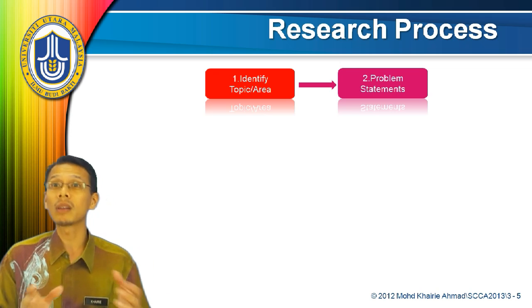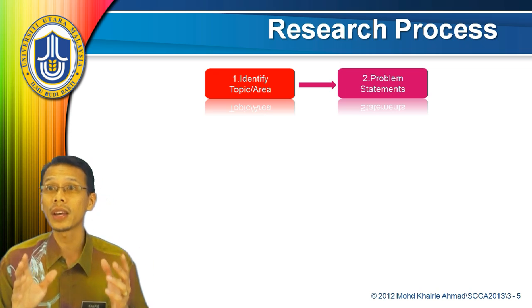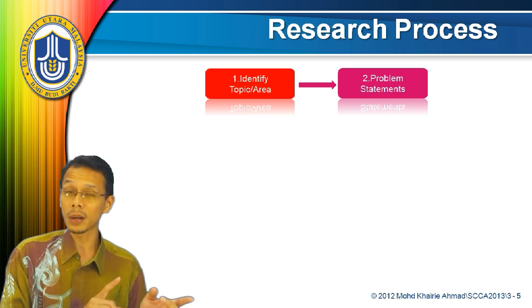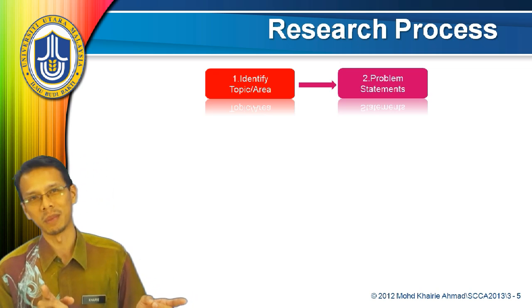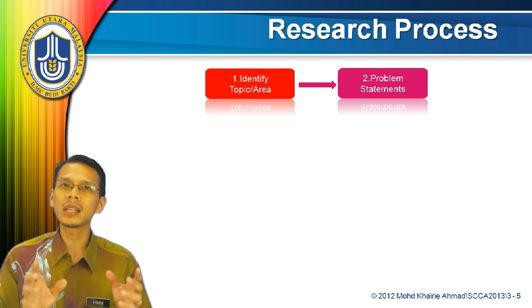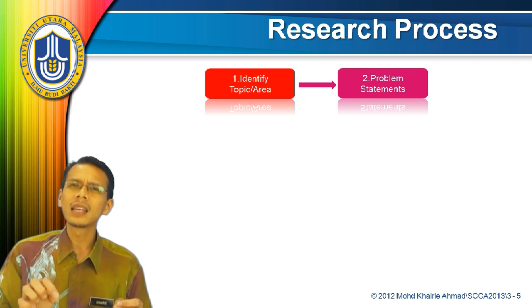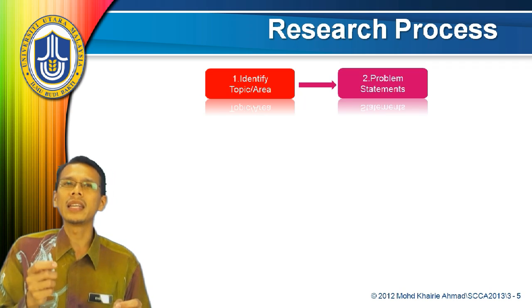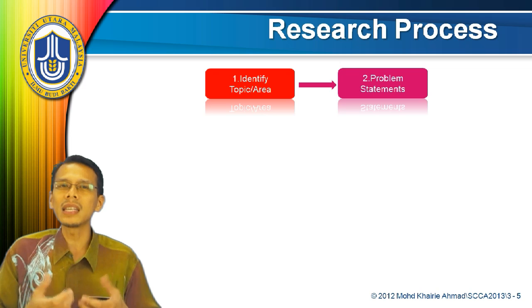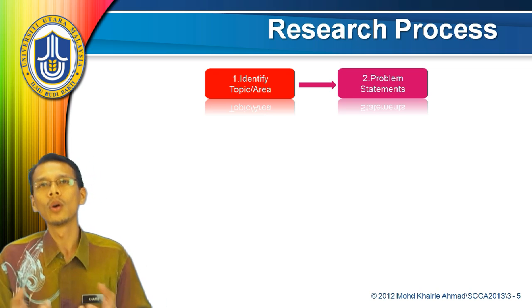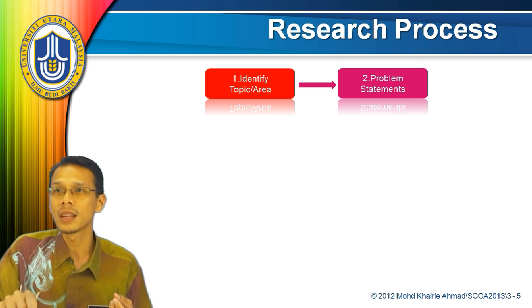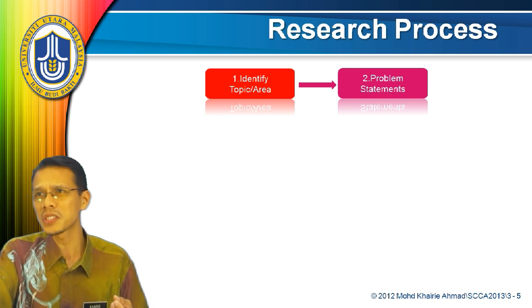We have discussed some concepts that are very important in research. One of the concepts is problem statements. Problem statements are things that trigger us, things that make us interested to know more, or things that we need to solve. This is what we call a problem statement.